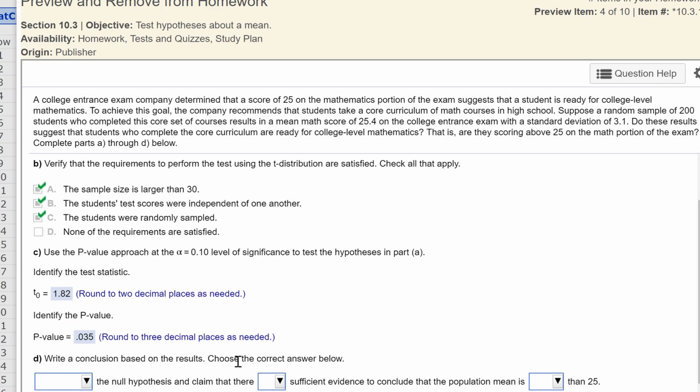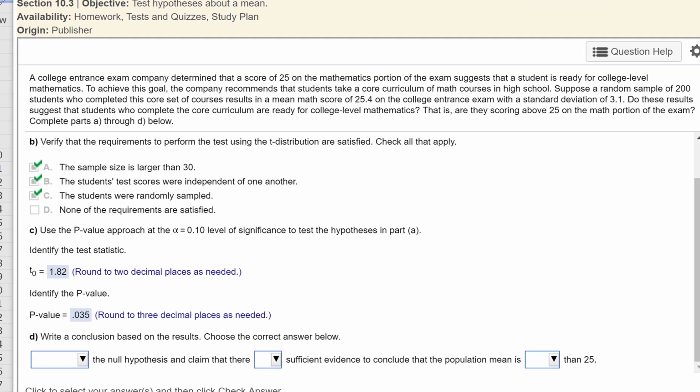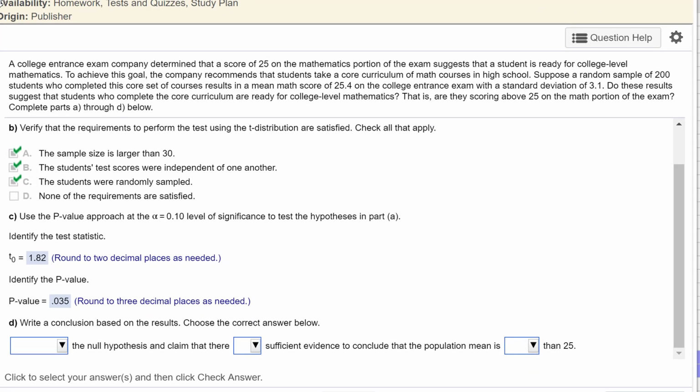Write the conclusion based on the results. This is a relatively low p-value. Now, how low is too low? We compare it to alpha. 0.035 is lower than 0.10, so we're going to reject H0. So we reject the null hypothesis: there is sufficient evidence to conclude the population mean is indeed greater than 25.